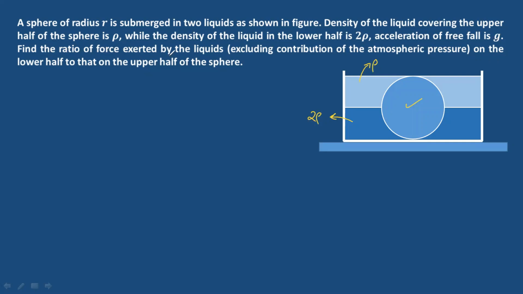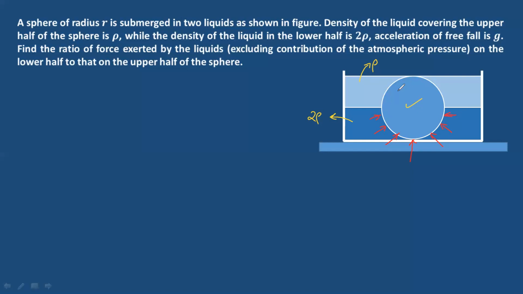Find the ratio of force exerted by the liquids, excluding the contribution of atmospheric pressure. That is, we're just supposed to find the ratio of gauge pressures. All right. Force due to the gauge pressures on the lower half to that on the upper half of the sphere. So there'll be force on the lower half, right? And there'll be force on the upper half.